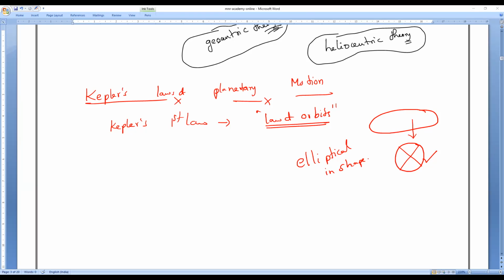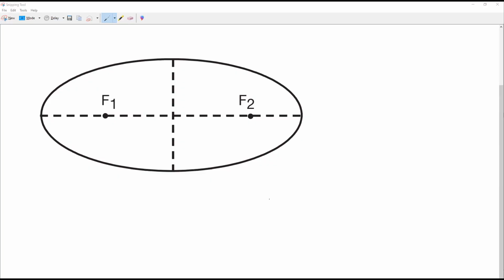Kepler's analysis of planetary motion reveals that the shape of the orbits of the planets was not circular, but was elliptical in shape.